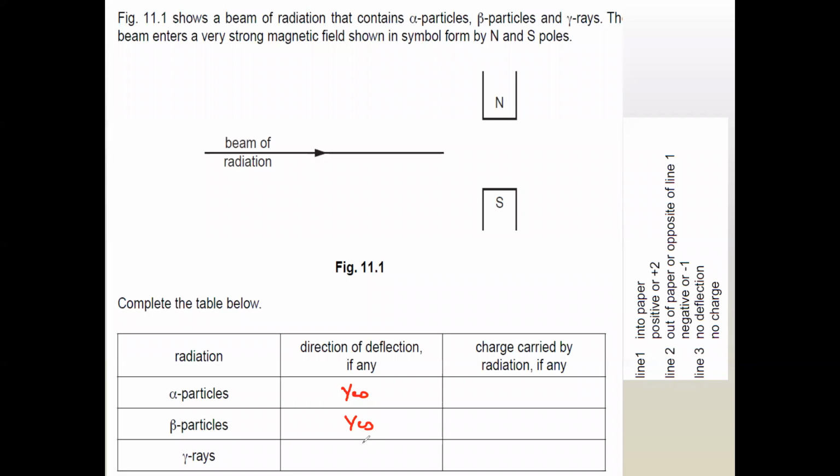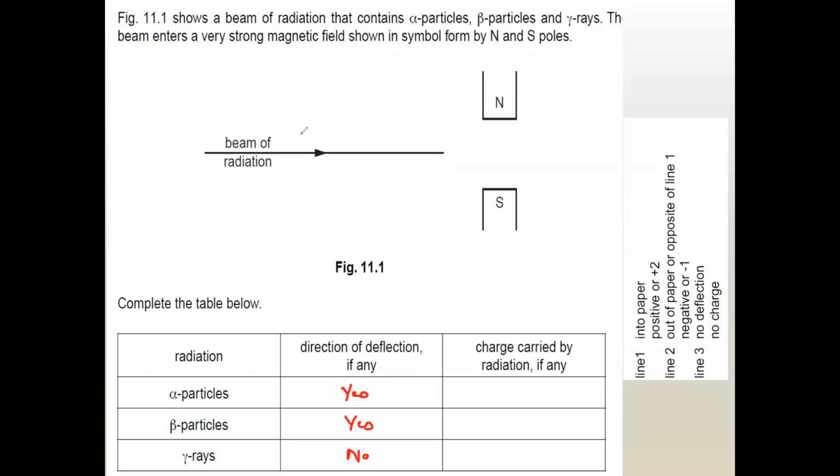And for gamma, no. But now we need the direction of the deflection. Like the first part, yes and no is not the answer. Yes and no is just to make you understand that there will be a deflection for alpha and beta, but no deflection for gamma. But now how do we work out the direction? For direction, we have to use a rule here.